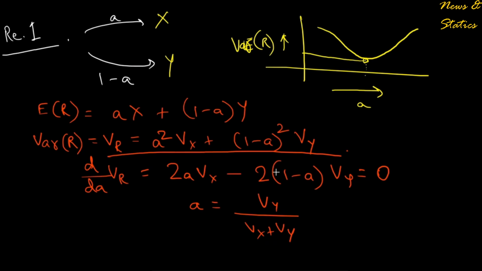So if you can optimally choose your value of a, you can reduce the variance on your return to a theoretical minimum. Now in this case, if Vy and Vx are equal to each other, then it would be like V upon V plus V, which is equal to 0.5. So if you invest more or less an equal amount of money in both x and y, then you reduce your variance to a theoretical minima.